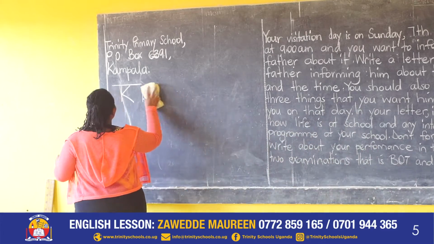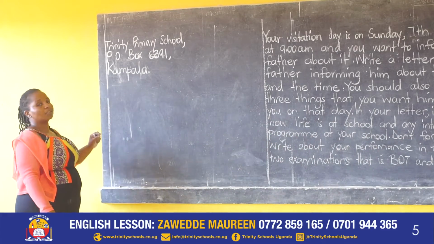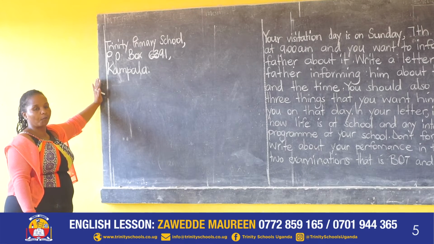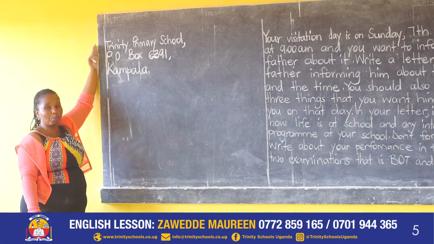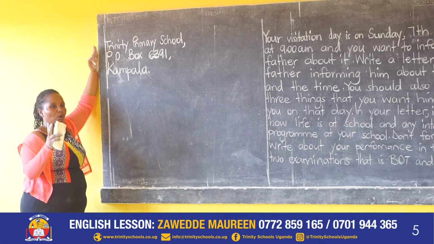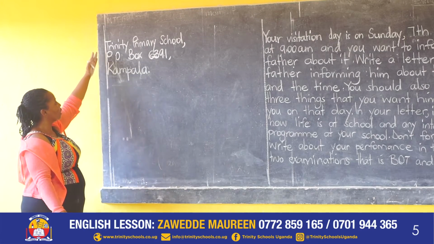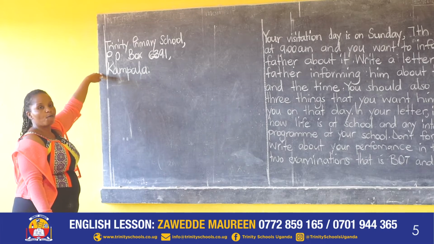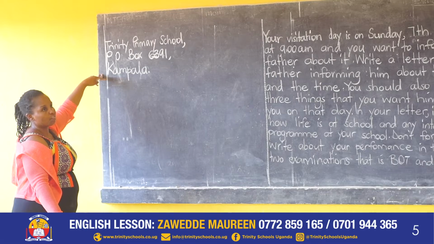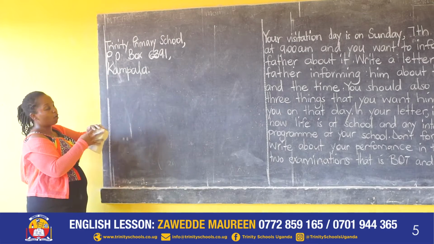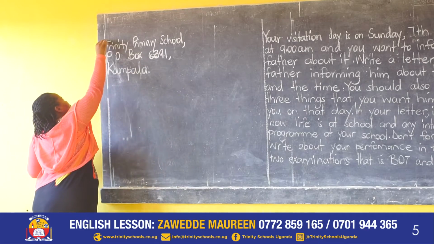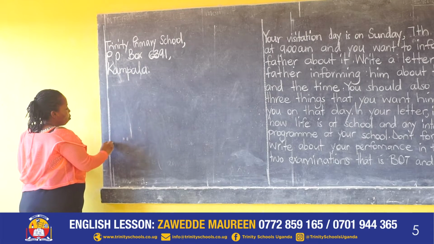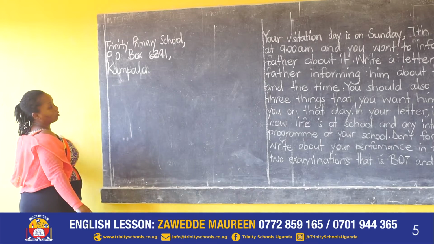So children, there are several types, like three types of paragraphing. Today I'm going to give you examples in two, but I'm going to capture one type of paragraphing called the full block, whereby everything is aligned on one side like this, following the margin.